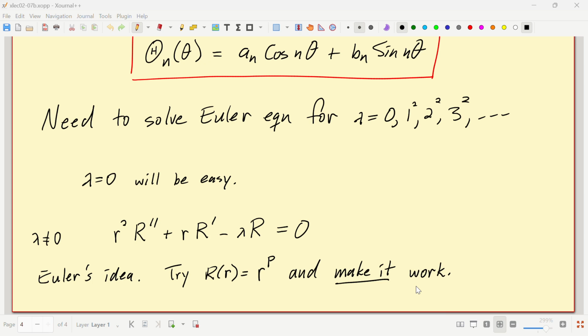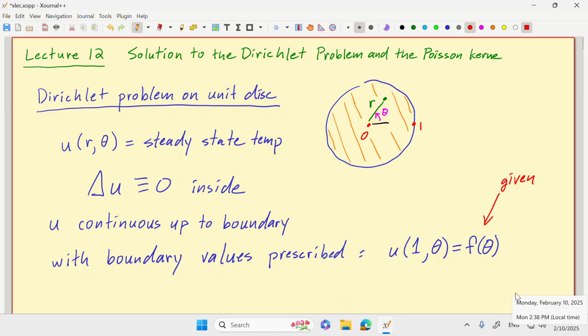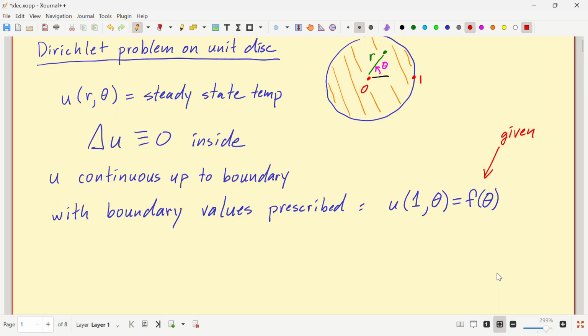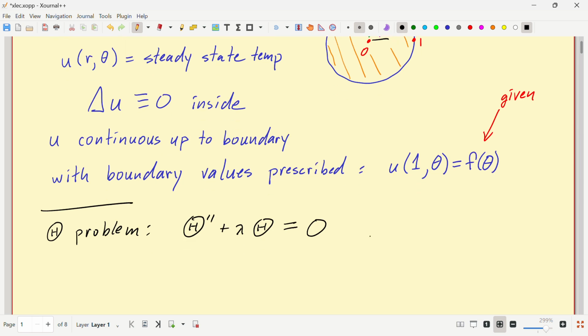So let's see. Okay, so here's what I reviewed. Now we have the theta problem. That was theta double prime plus lambda theta needs to be 0 with periodic boundary conditions.